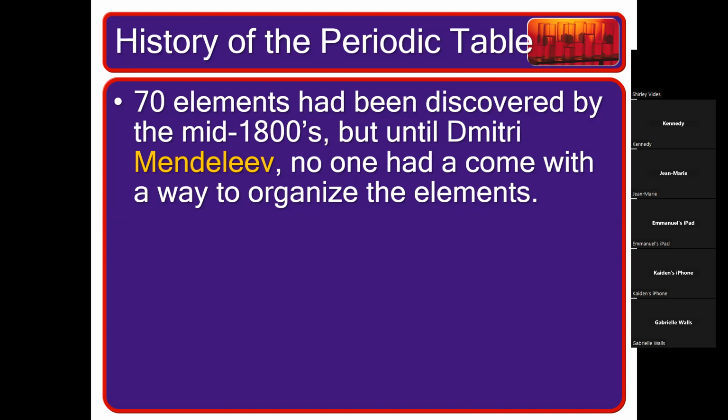All right, periodic table. It was a Russian scientist by the name of Dmitry Mendeleev who actually came up with the first way to organize all of these elements that had been discovered. Sorry, it's 118 elements total, not 120.